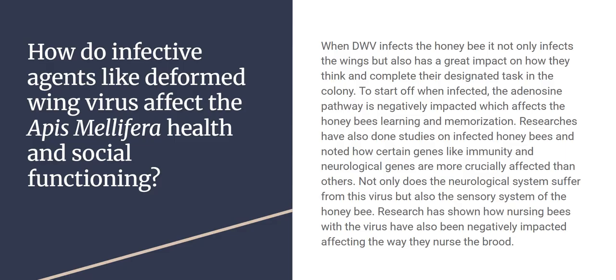Researchers have also done studies on infected honeybees and noted how certain genes, like immunity and neurological genes, are more crucially affected than other genes. Not only does the neurological system suffer from this virus, but also the sensory system of the honeybee. Researchers have shown how nursing bees with the virus have also been negatively impacted, affecting the way they nurse the brood and detect it.